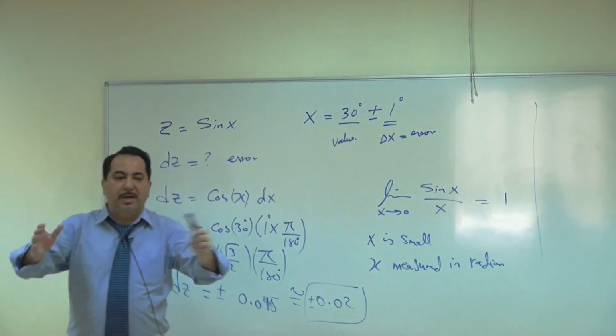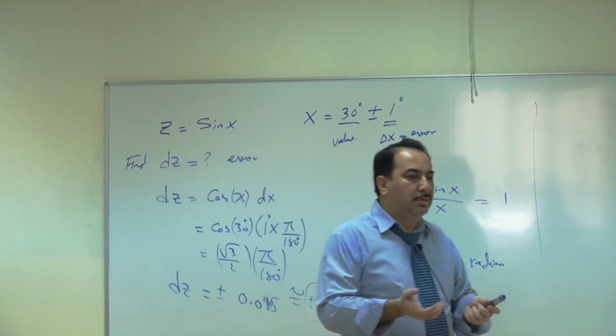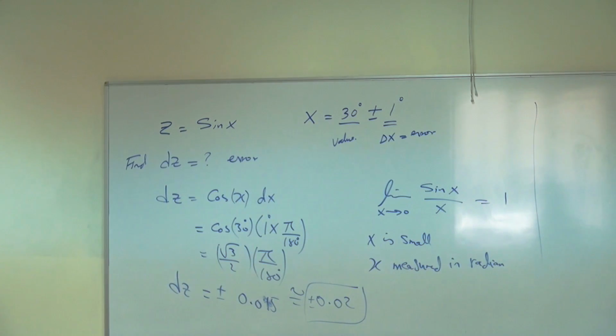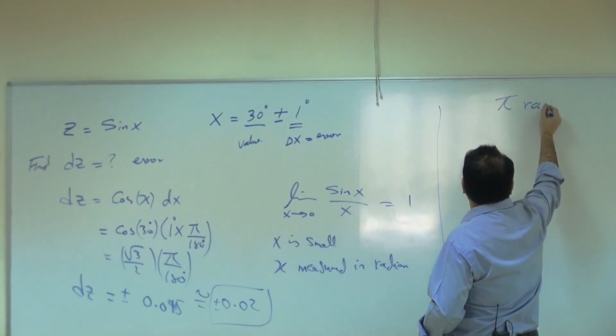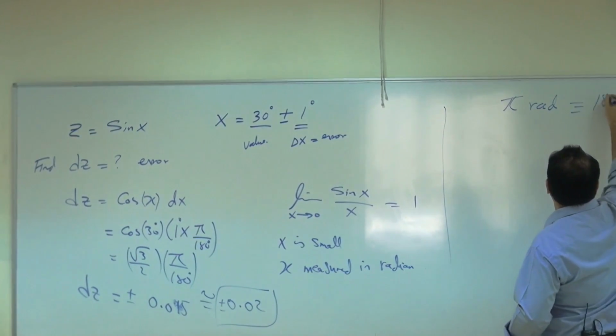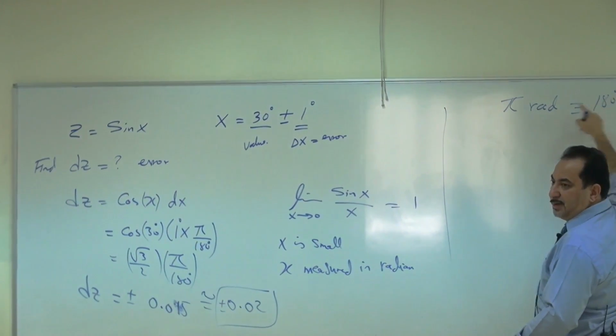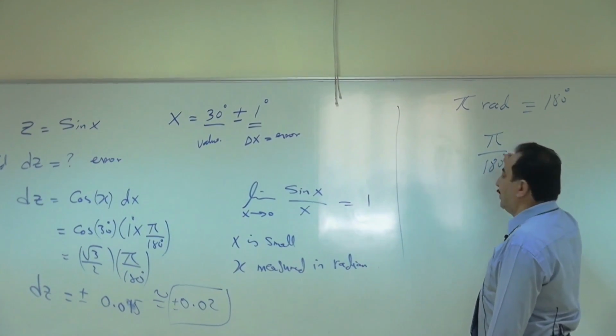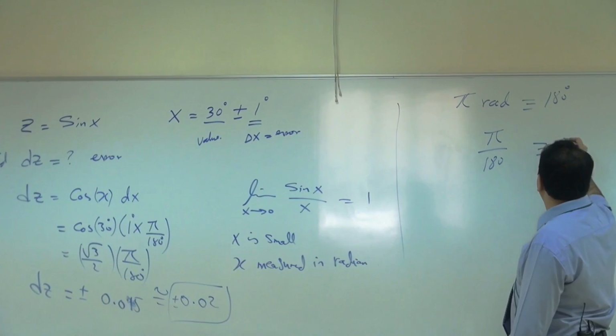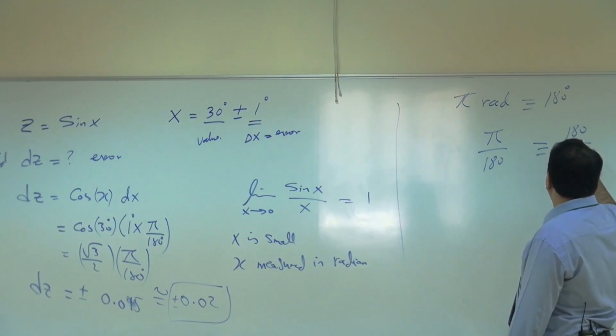Now you can try cosine, tan, any function. But what you have to remember, the dx must be measured in radian, so convert it, because the conversion says pi rad in radian is equivalent to 180 degree. So this is the conversion factor. Either you say pi over 180, remember, or 180 over pi.